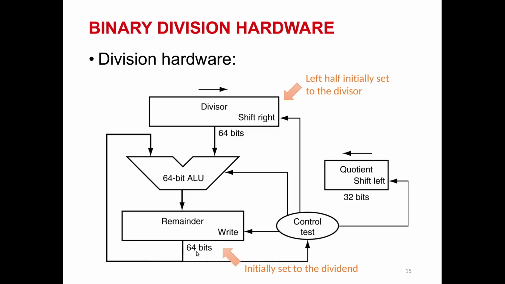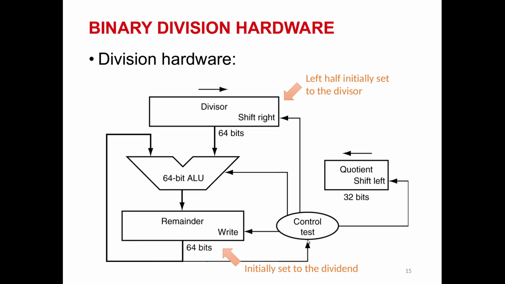And you also need to check the most significant bit of the remainder. If that bit is 0, you will push 1 0 into the right of the equation, and then shift everything 1 bit to the left.